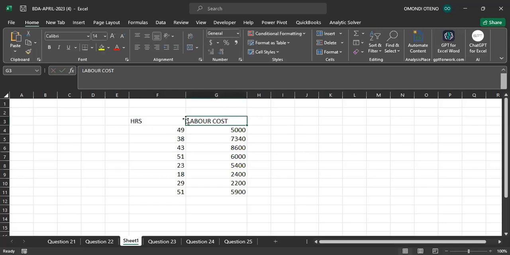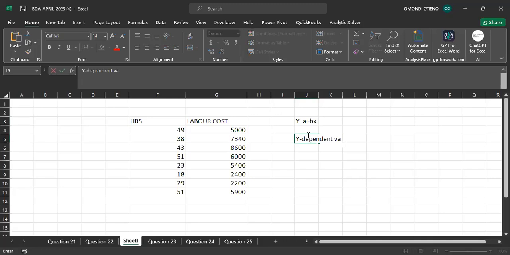Now, having identified the variable item, the dependent and the independent item, here we are going to do our illustration using one variable that is dependent and another variable which is independent. So our cost function will be in the form of y equal to a plus bx, whereby y here we call the dependent variable.